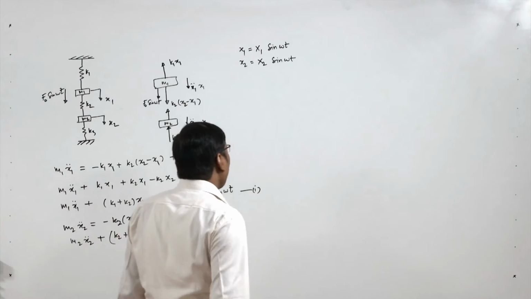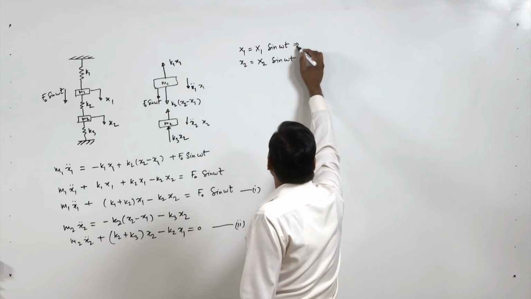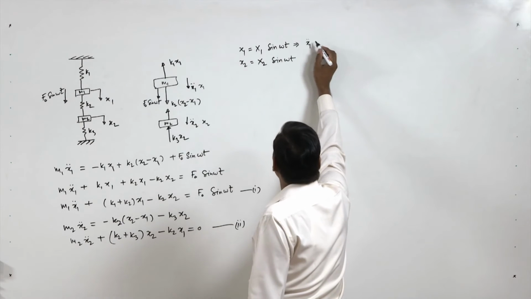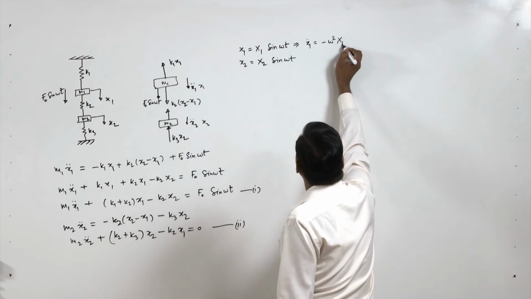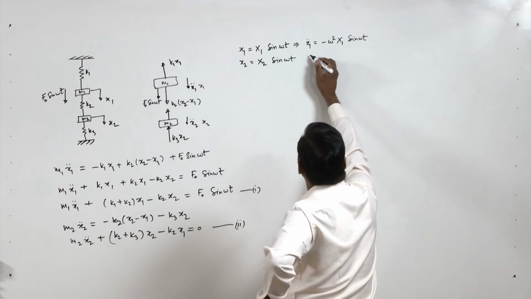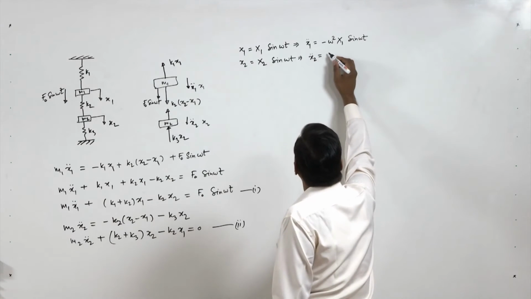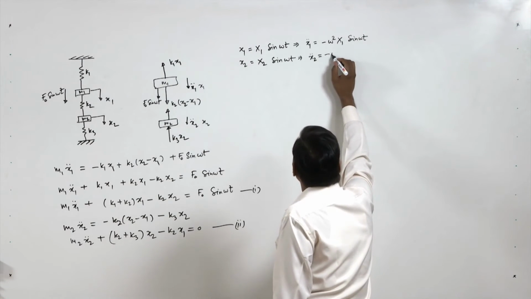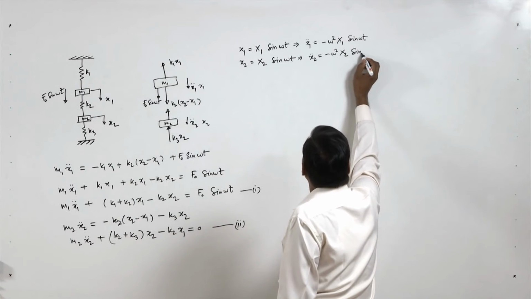Now we put these values in the equations. Here x1 double dot equals minus omega square X1 sine omega t, and x2 double dot equals minus omega square X2 sine omega t.